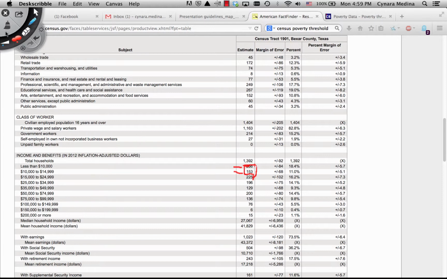So let's see, that is 256 plus 153. So that's 409 households are below the poverty line.